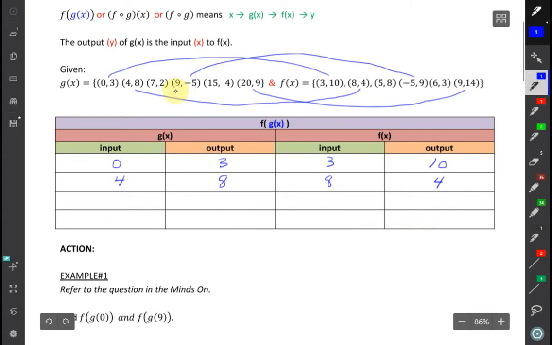Looking at the next one, 9 is the input. The output is -5. That connects with this point where its input is -5 for f at x, and the output is 9.